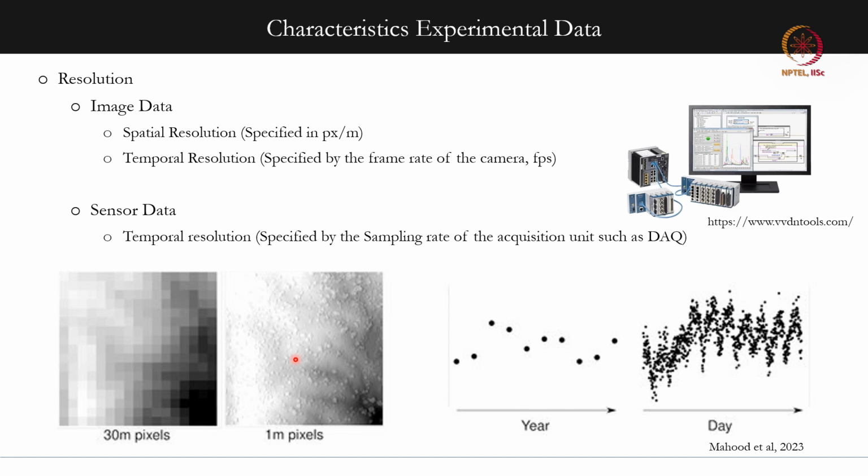So comparing the two images, we can see that there are patterns in the second image which are not resolved in the first image. That is because the length scale associated with these small patterns is lower than 30 meters, which is the pixel resolution or the spatial resolution of that image.